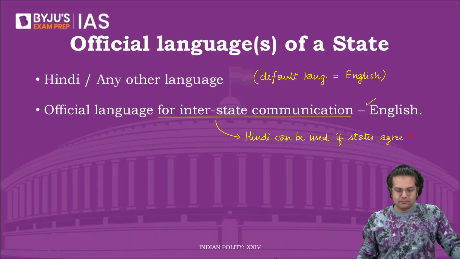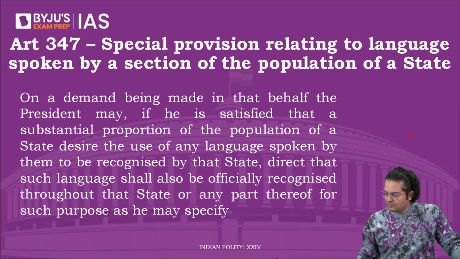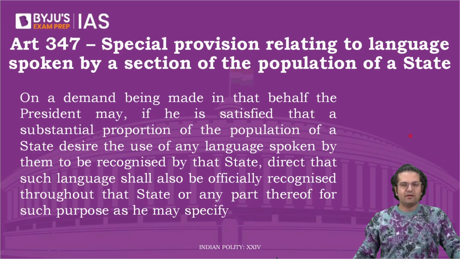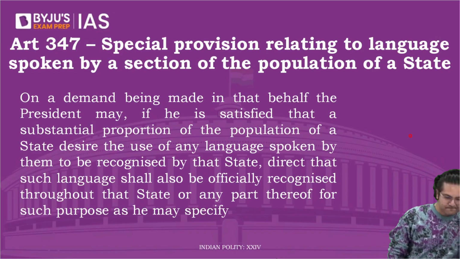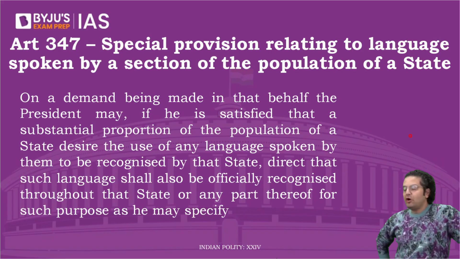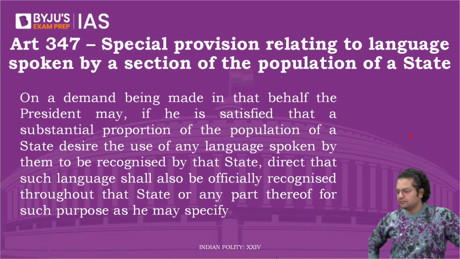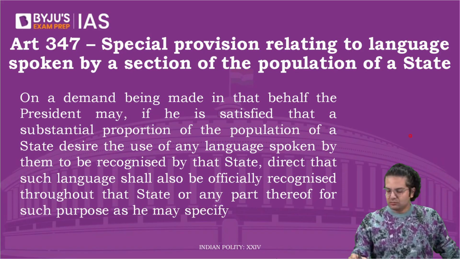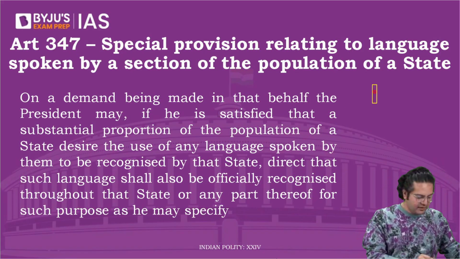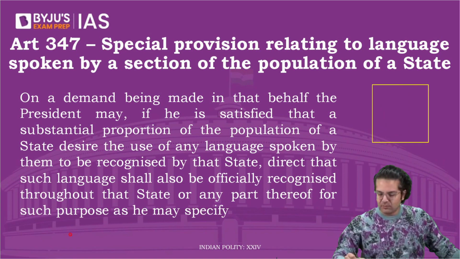Now, Article 347. We have already seen this, special provision relating to the language spoken by a section of population. Do you remember this? Remember I told you that there is a state, in that state there are some people who are fans of South Korean romantic movies, and then they approach the president.